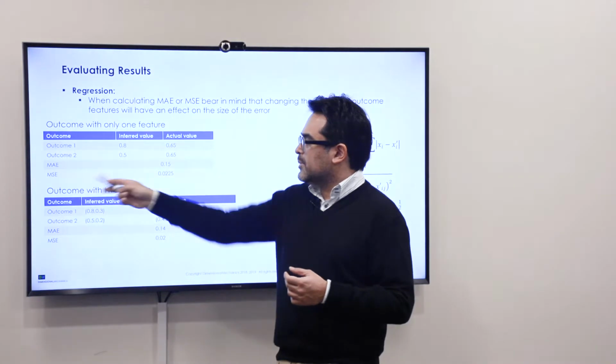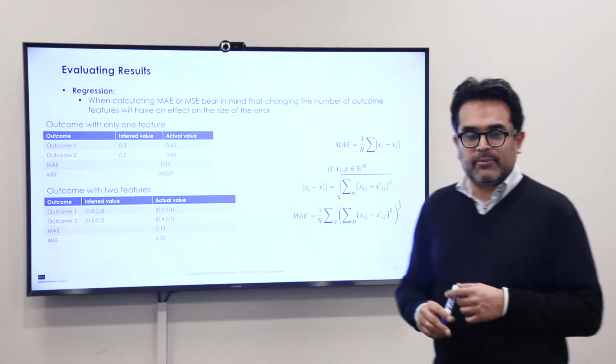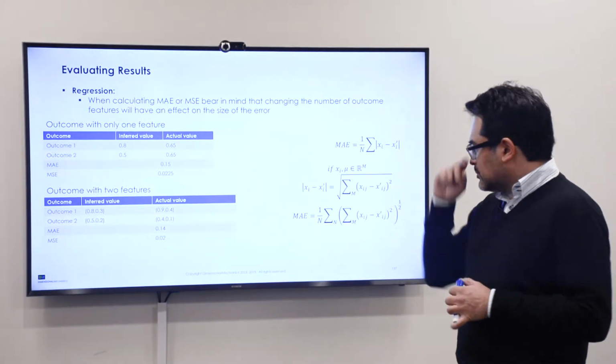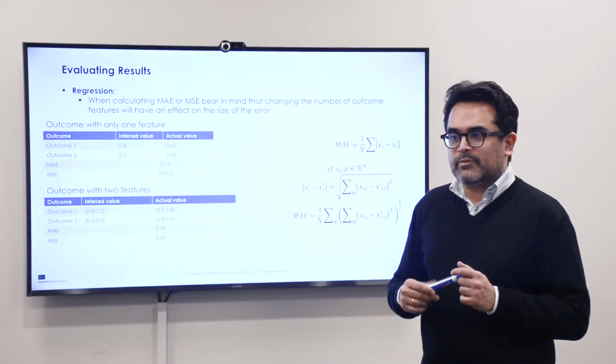And then the MSE is, in this case, 0.0225. Is that a good model or not? You can calculate the MAPE for that. You can see that the MAE is 0.15 and the actual value is around 0.65, so it's actually not a really good result. It's almost 25% off the right answer.